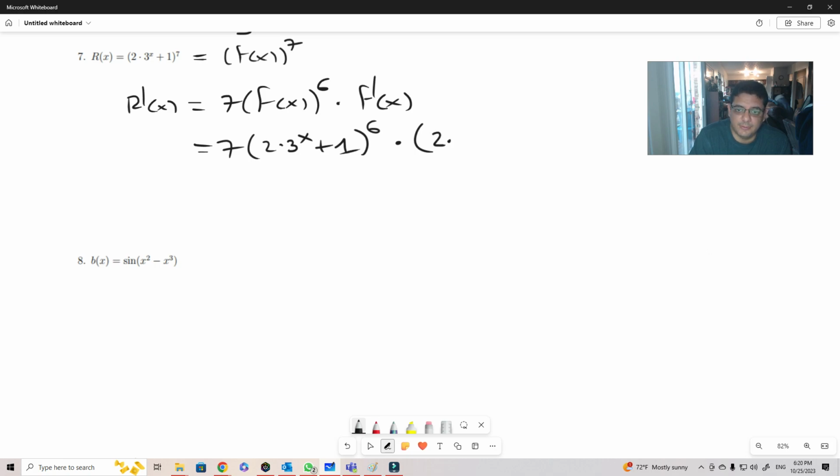Remember that the derivative of an exponential of this type is itself times the log of the base. So b to the x, the derivative is b to the x times log of b. So in this case, that will be 3 to the x, log of 3, the derivative of 1 is 0. So this is the end result here. We can simplify a little bit this out. This is 14 log of 3 times 3 to the x times 2 times 3 to the x plus 1 power to the 6.